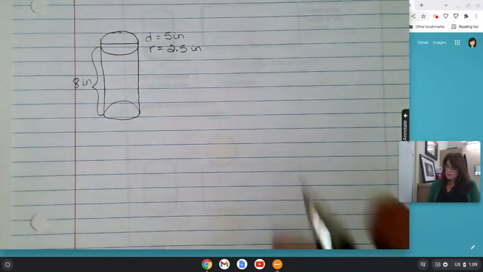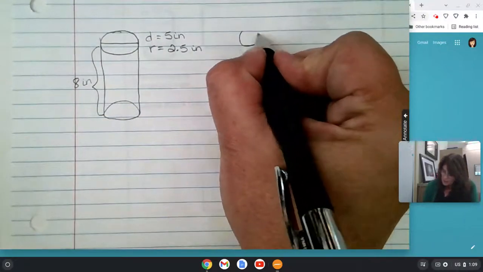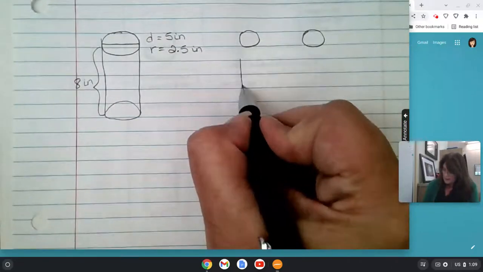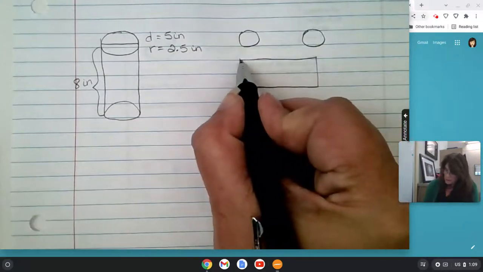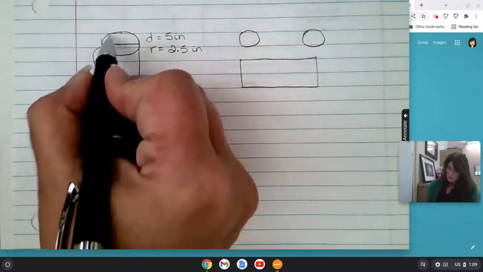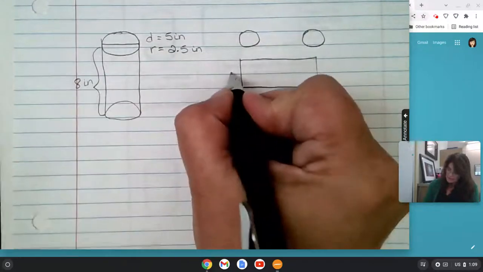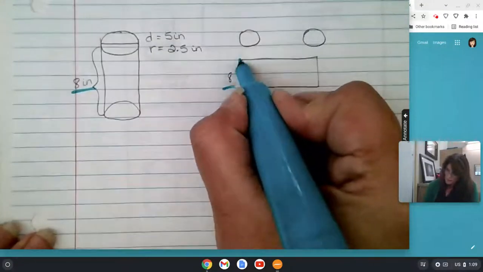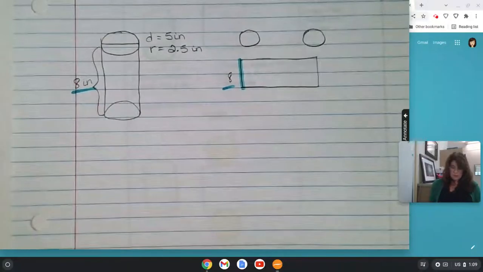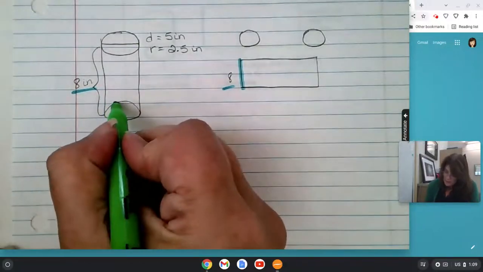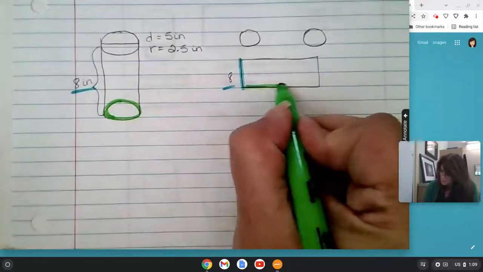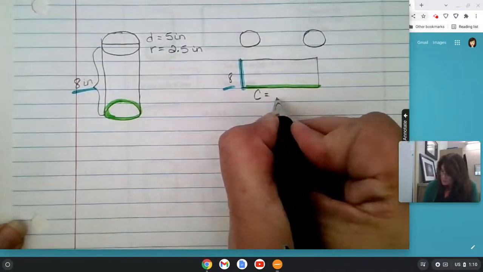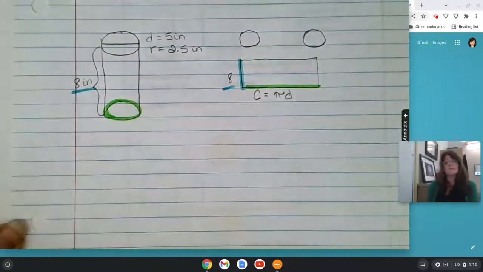So there's your drawing and your measurements of a very simple object. There are 2 ways to do this. You could figure out that you have 2 circles that are matching, and you have a rectangle. The measurement on the rectangle is the height. Notice how that matches. And the circumference, which in this case would be pi times diameter.